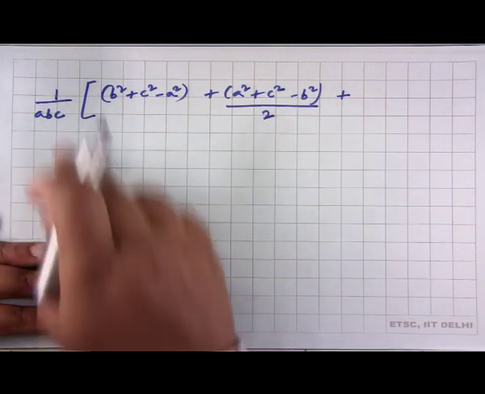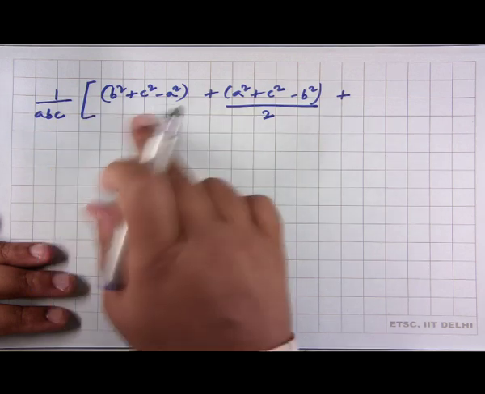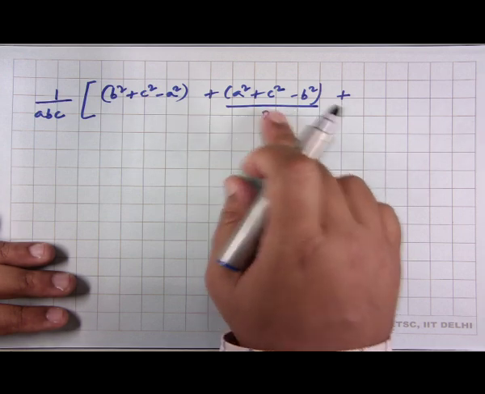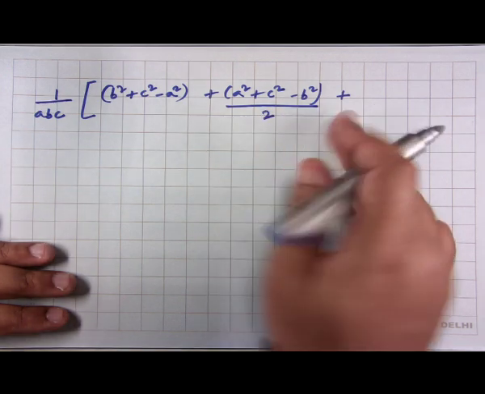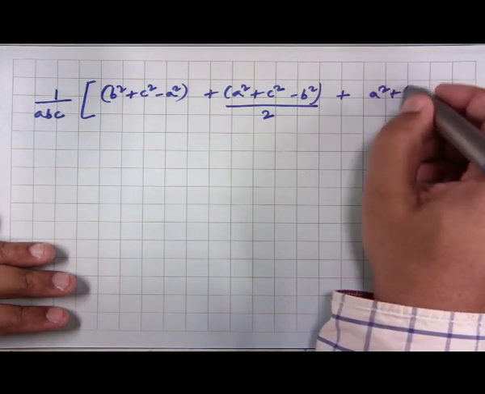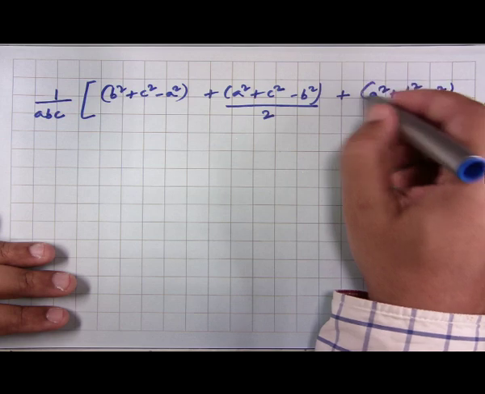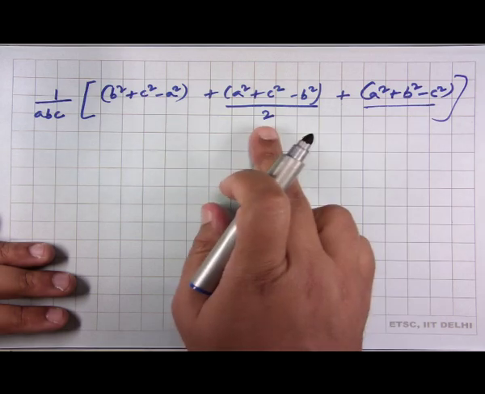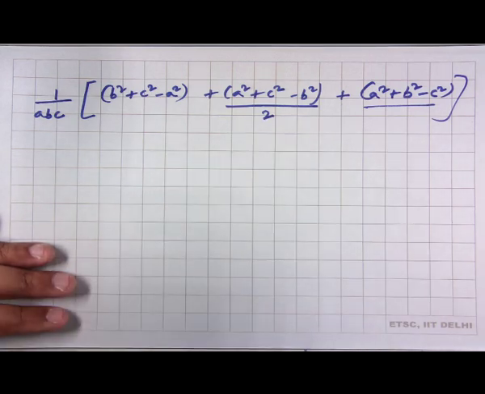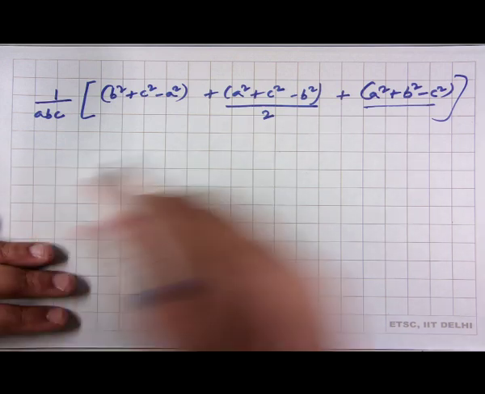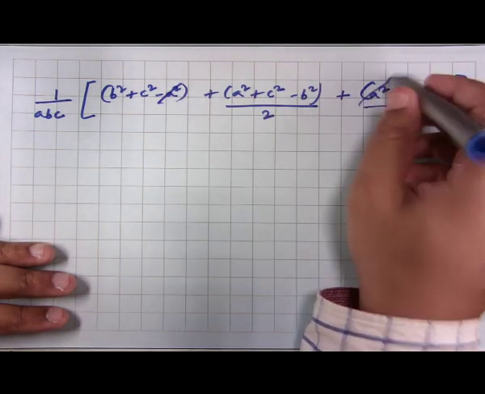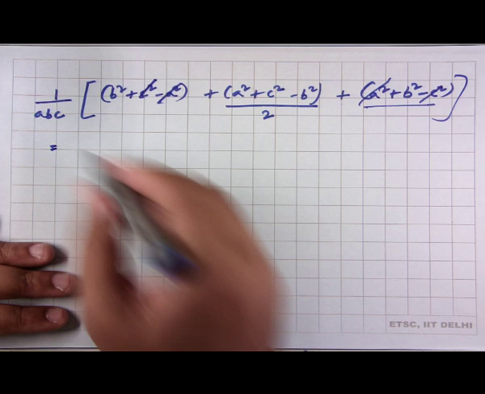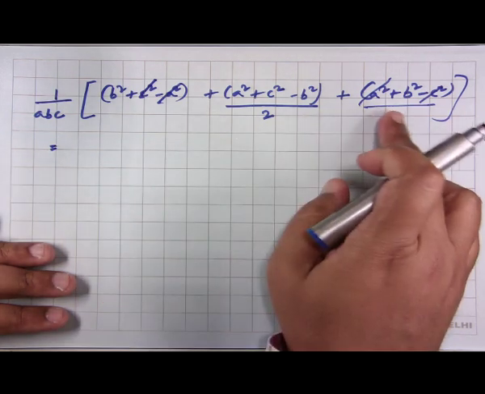So what we get is 1 by ABC into B square plus C square minus A square plus A square plus C square minus B square over 2 plus A square plus B square minus C square over, so this is as it is. So, we have a divide by 2 here only. So, this A square and this A square get cancelled, this C square gets cancelled. So, only B square remains.